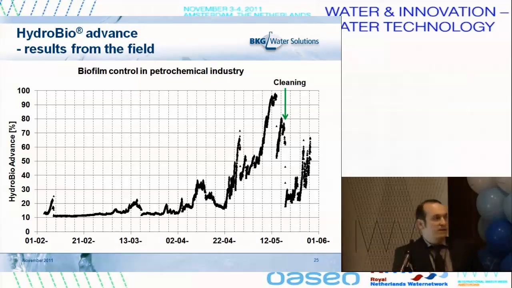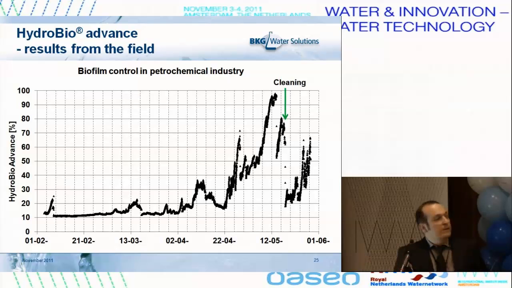You can see that during winter times or during cold temperatures, the biological microorganisms don't really have the tendency to grow. They are quite bored at those temperatures. But as soon as spring is starting, the biofilm immediately starts to grow.